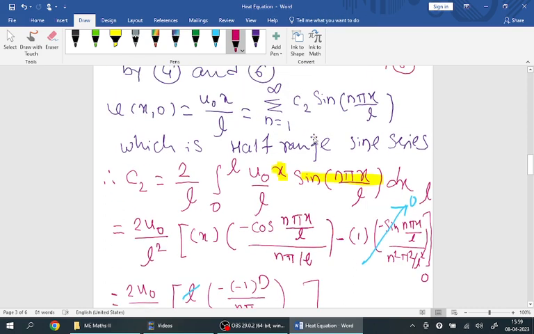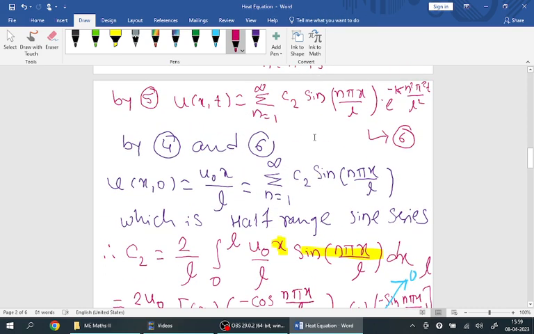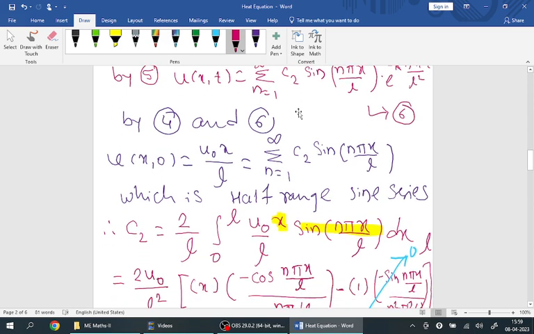Hence, in solution 6 we just have to replace the value of C2, and that becomes a particular solution of this one-dimensional heat flow. If the initial temperature is given as u0 x upon l, the temperature at any time t and at any distance x is given by the formula.